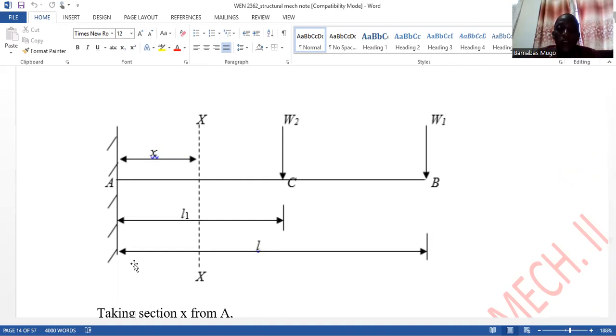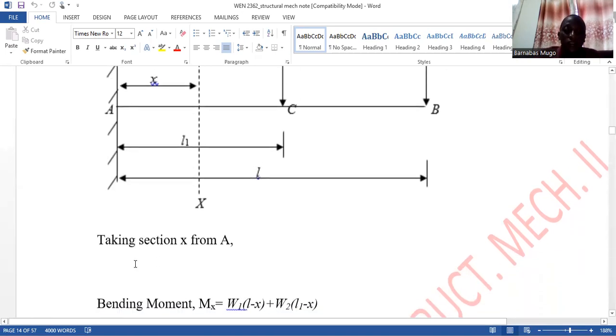It is loaded with W1 and W2 at points B and C respectively. C is a distance L1 from the fixed point A, while B is a distance L from that fixed end, and the cross section is at a distance X.